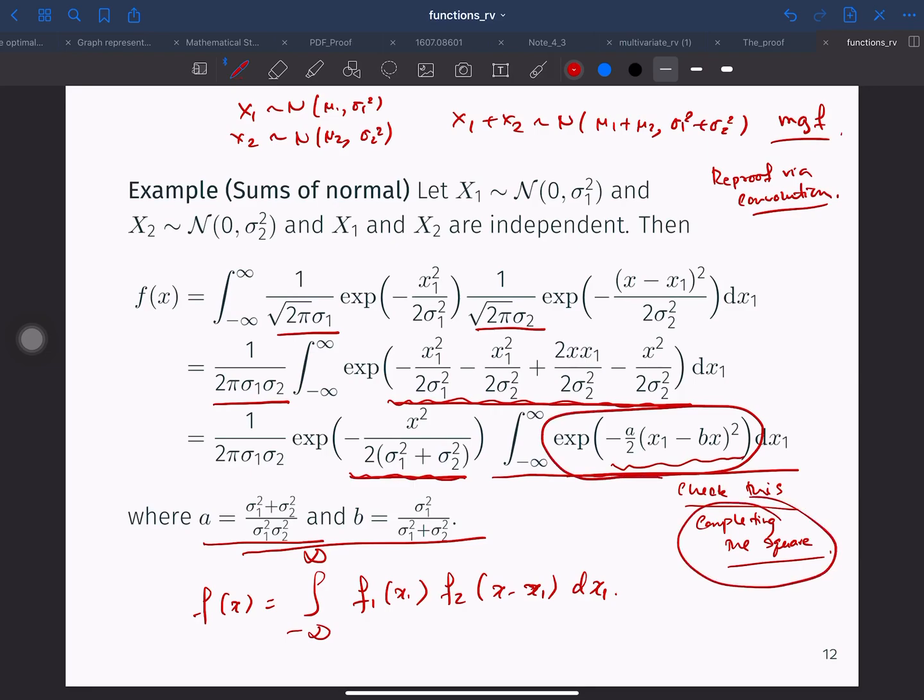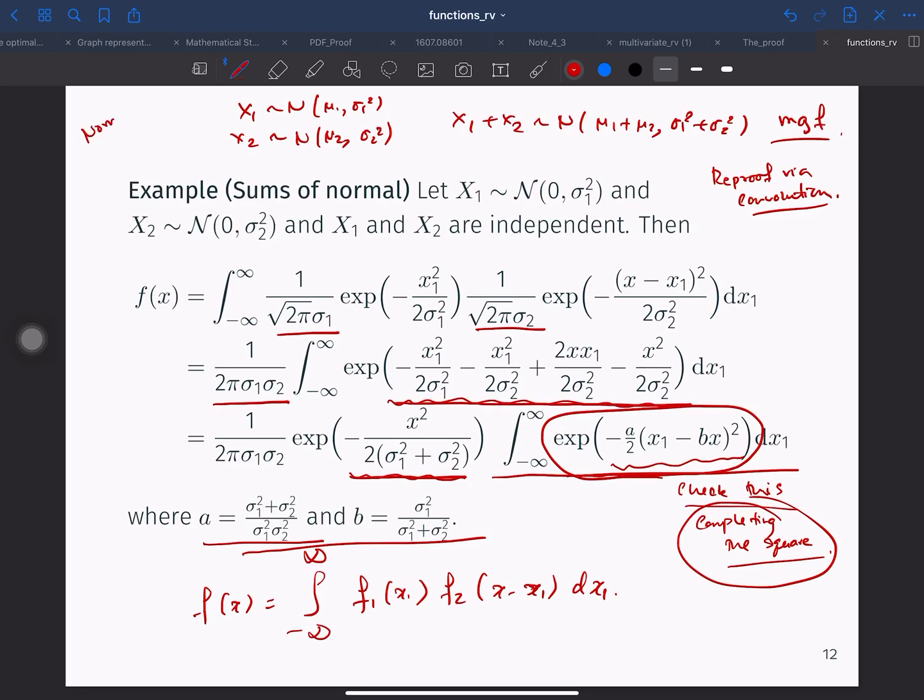If you know that, or if you have seen that trick before, that will come to you naturally. And if not, this is as good a point as any to know this trick, because you will be using many of these kinds of similar tricks in, say, 422. Many times when you work with the normal distribution, really everything boils down to, can I complete the square? I cannot emphasize that enough.